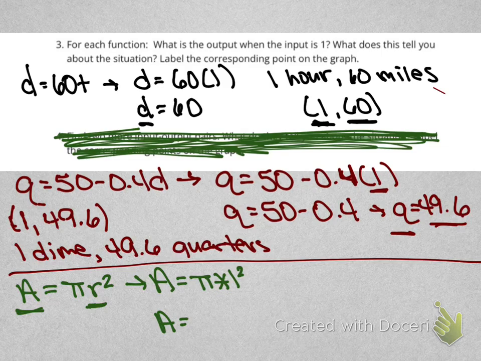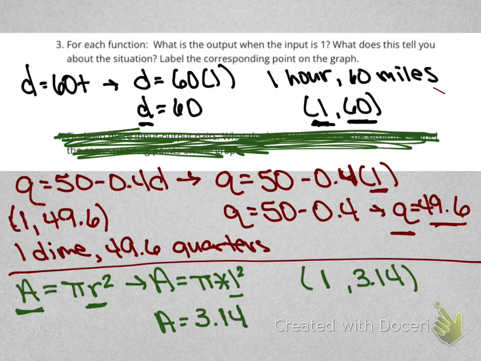So A is going to equal 3.14. And we are rounding because we end up getting pi back, 3.141592 something other. That number never stops, so we're going to round. So we're going to say A equals 3.14. That's our output, so it's going to be the second thing in our coordinate. And our input was 1, so it's your x, your first.